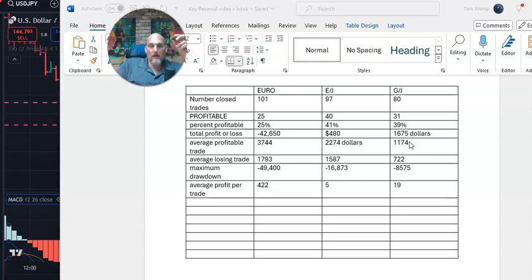I guess so. Average losing trade was $722. Maximum drawdown was 8,575. This is actually by far the best one because it has a propensity to trend pretty well. Average profit per trade, $19. Those are the numbers, folks.